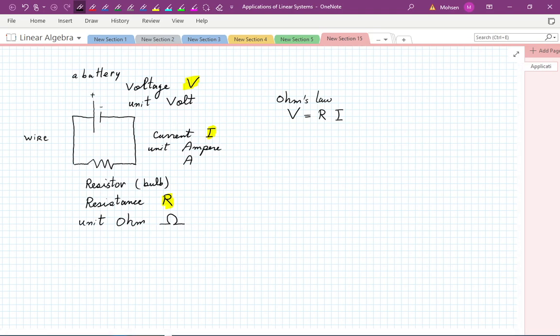Next issue that we have to pay attention to for a more complicated circuit is something we already saw in the segment on network analysis. Well, in network we had a set of roads and arcs and so on that connected the flow to each other. Here we can have a similar situation.